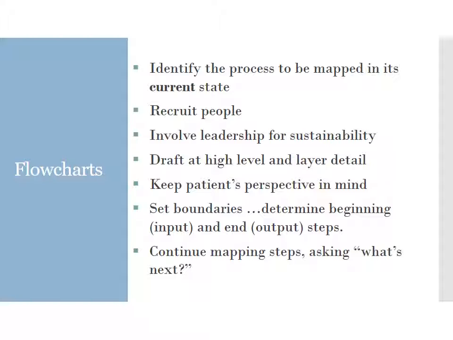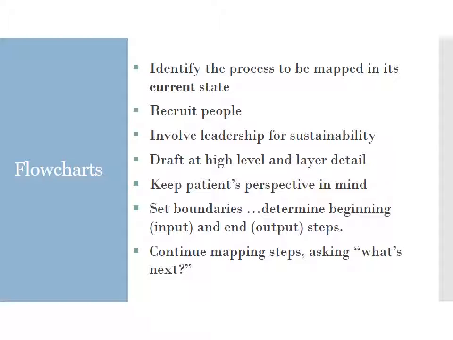Keeping in mind that we want to have a snapshot of a process, we need to first identify the process that will be mapped and do so in its current state. What item or process requires attention that you want to focus your improvement efforts around, and recruit people who are or will be instrumental to this process not only during the improvement period, but as you're working to sustain this endeavor.